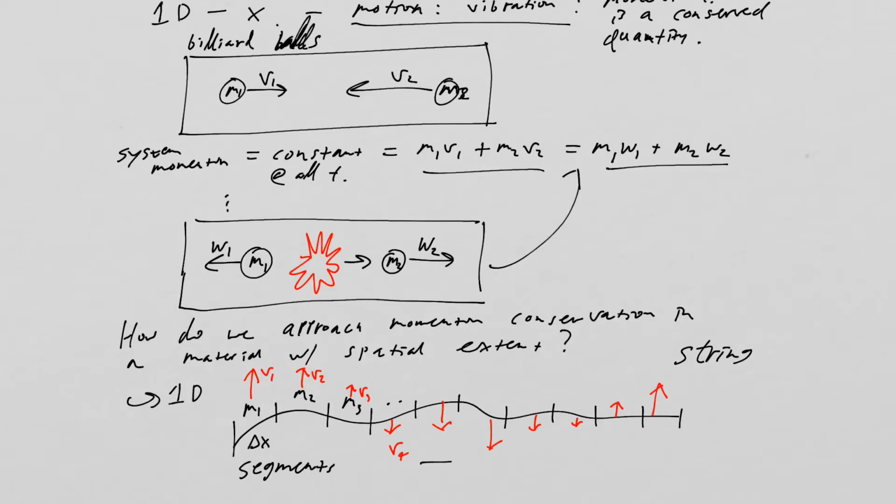Right? So the next question we have is, if we have a material and each of these masses has its own momentum, there has to be some way for momentum to exchange between neighbors. Okay, and we can imagine this sort of thing happening and producing waves.